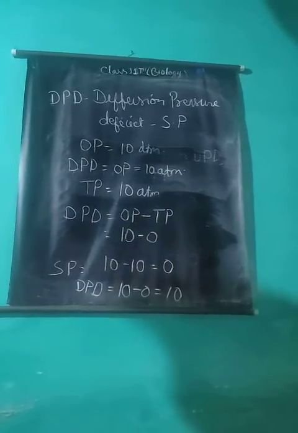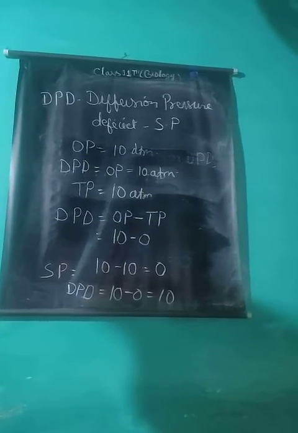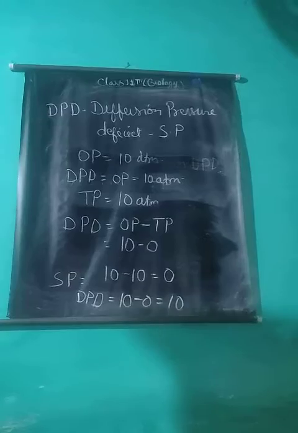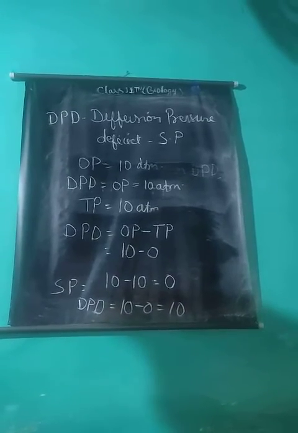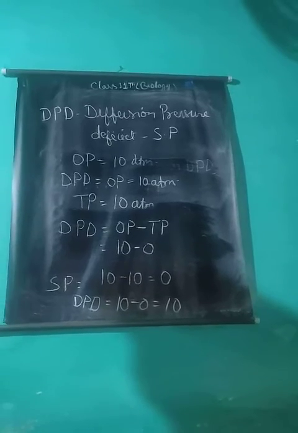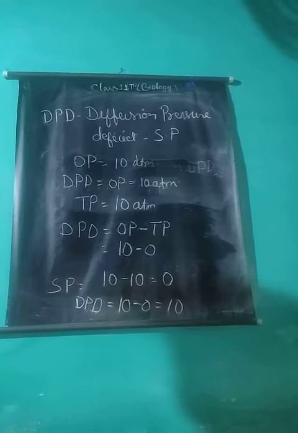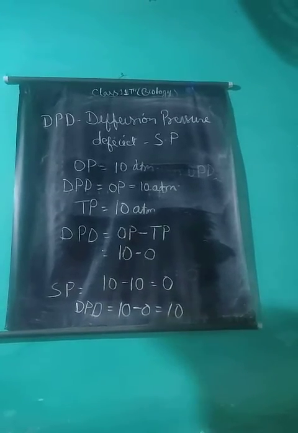Due to such interrelationship, when two solutions are separated from each other by a semi-permeable membrane, their DPD tends to remain equal. Therefore, the solvent molecules from the solution of low osmotic pressure move toward the solution of higher osmotic pressure.